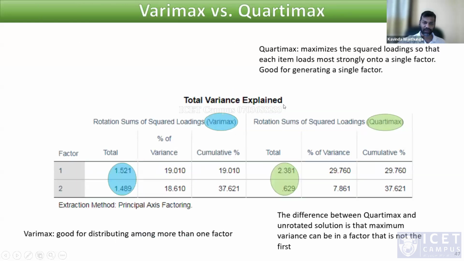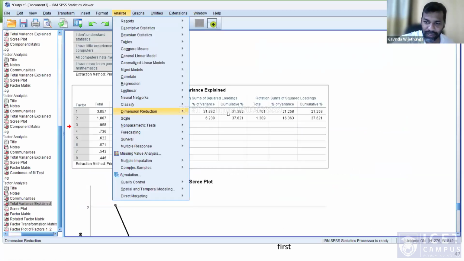Extraction is principal factor, that's okay. We can change the rotation method to Varimax, right? Varimax, Continue. Okay, we changed the rotation method. Now let's see whether there is a difference.